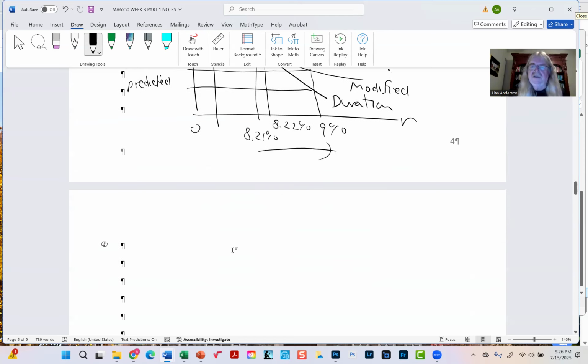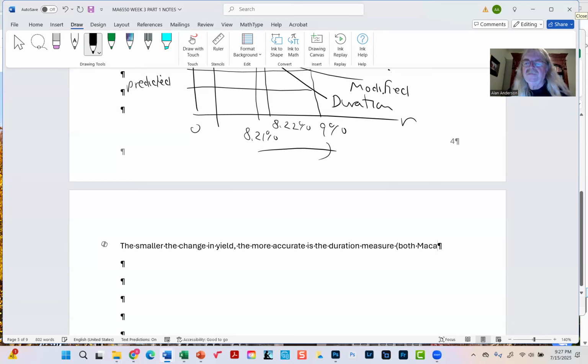By the way, later on we'll see that the duration and convexity measures, I didn't mention this before, are simply the first two terms of a Taylor series that's used to approximate the price yield curve. We'll get back to that later on. But anyway, the smaller the change in yield, the more accurate is the duration measure. And this is true for both types, both Macaulay and modified.